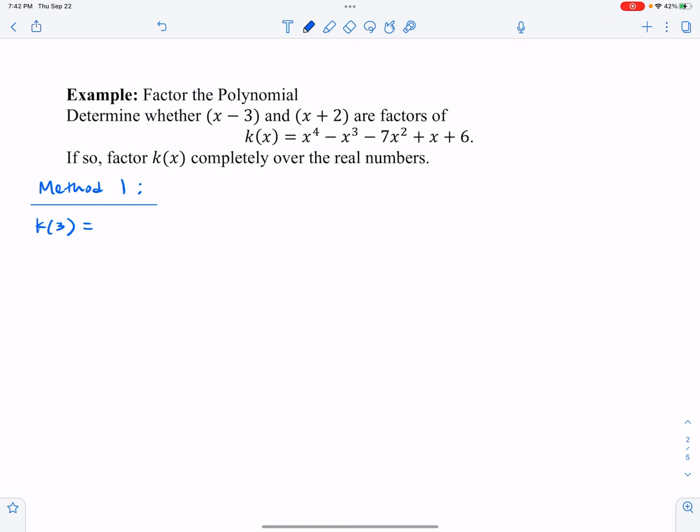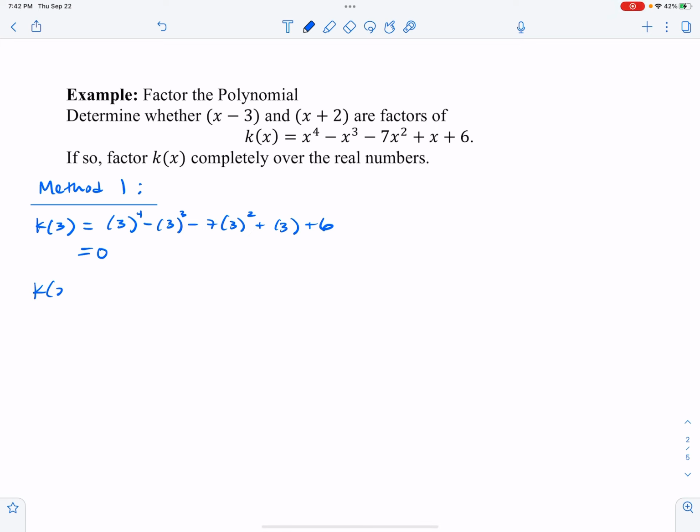So k of 3 ends up being 0. So yes, x minus 3 is a factor of k of x.